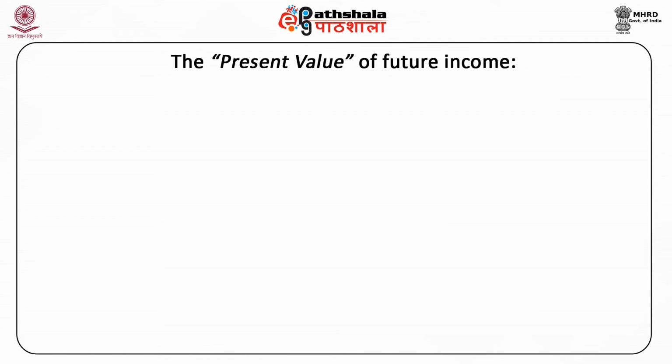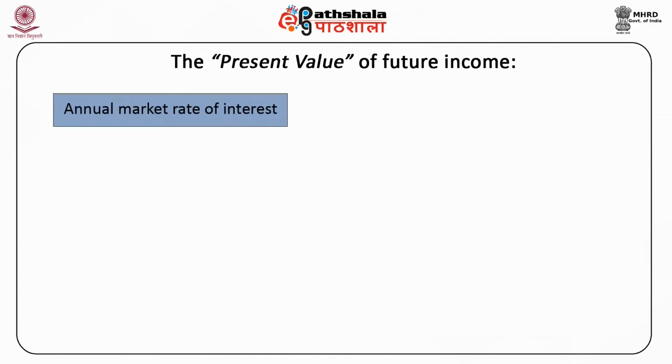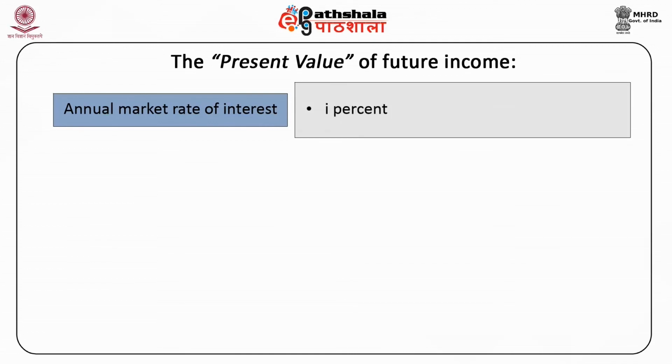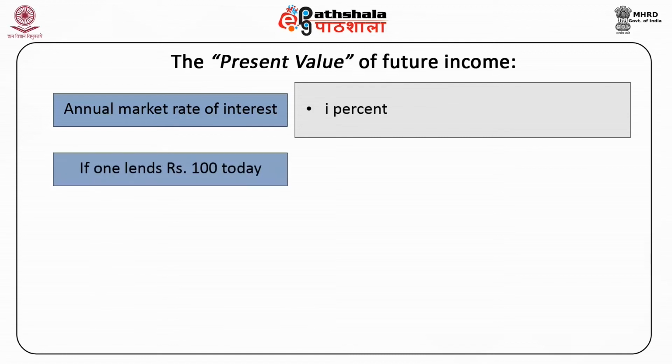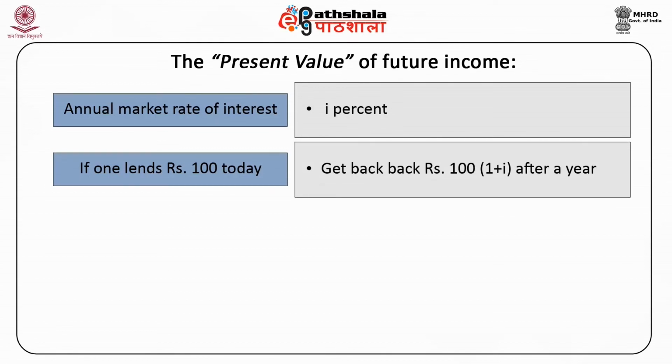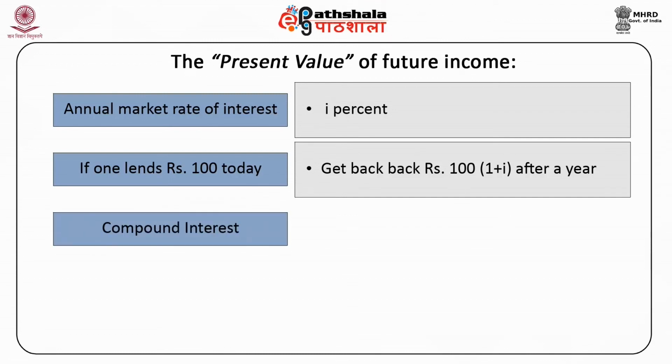Suppose the annual market rate of interest is i%. This means if one lends rupees 100 today, he would get back rupees 100 multiplied by (1 plus i) after a year. Using the formula for compound interest, you can check.